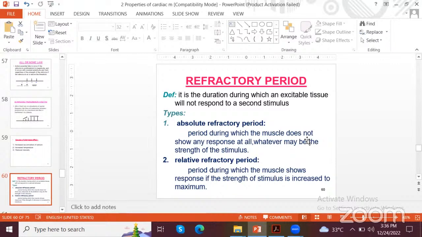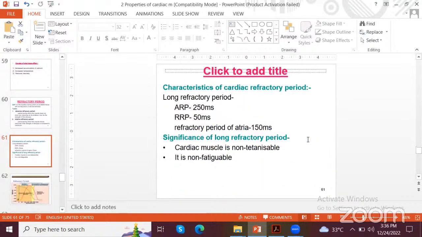Absolute refractory period means the period during which the muscle doesn't show any response at all, whatever may be the strength of the stimulus. And in the relative refractory period, the muscle shows a response if the strength of the stimulus is increased to the maximum. And the cardiac muscle has a long refractory period.